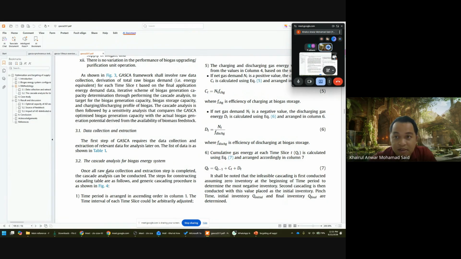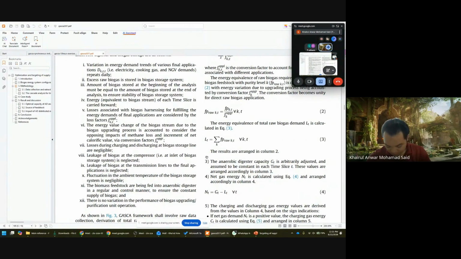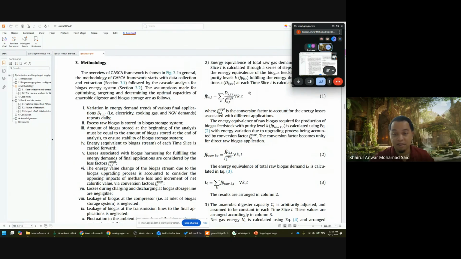Once all the raw data is completed, we can conduct the derivation of the energy equivalent of raw gas demand for each application, involving this equation.